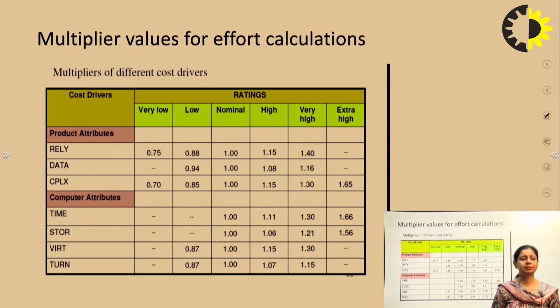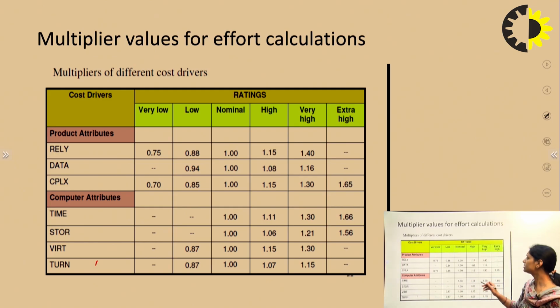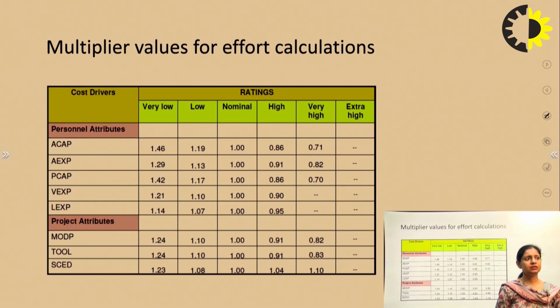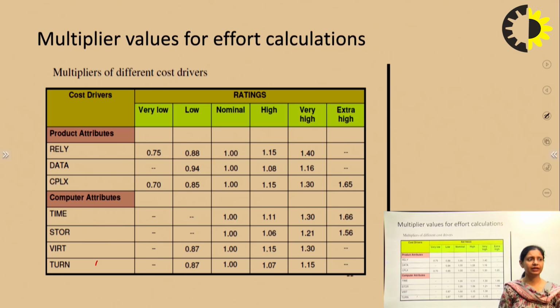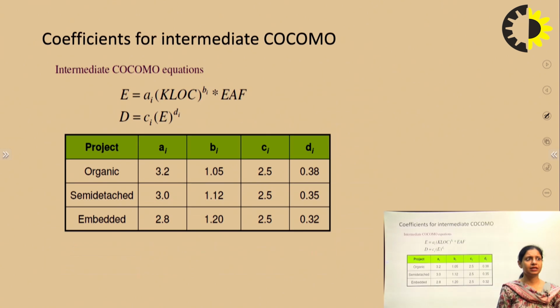Then they have the multiplier values for the effort calculation. These are some of the cost drivers, and they have the ratings and different values for each and every attribute or the cost driver. This one was for the product attribute and the computer attribute, then the personal and the project attributes.